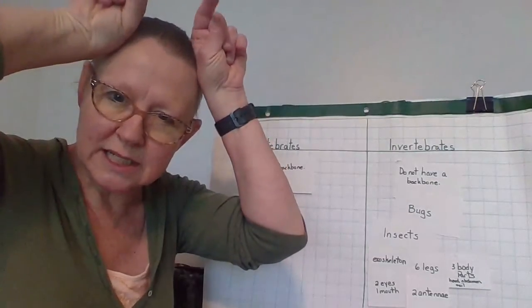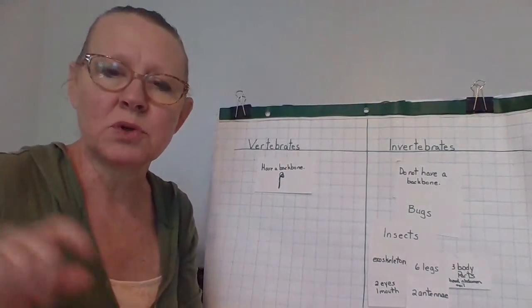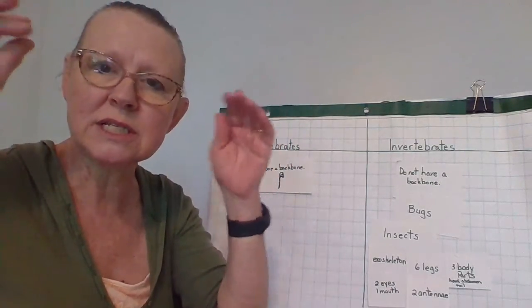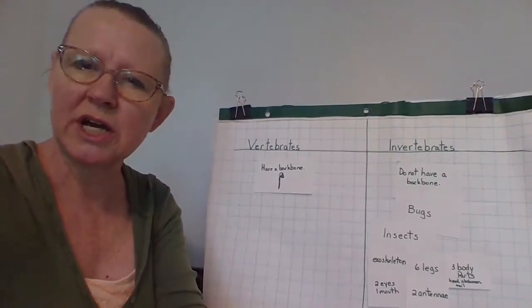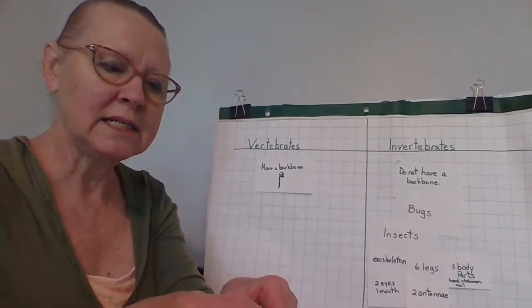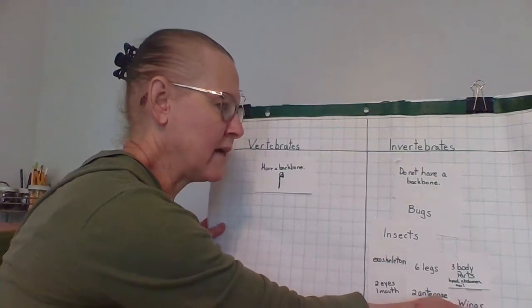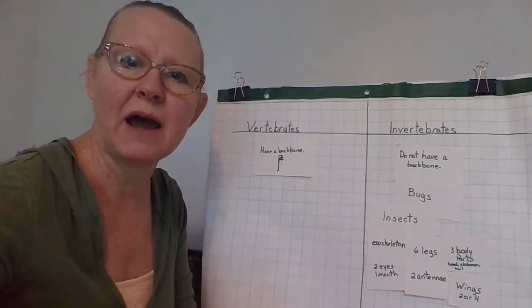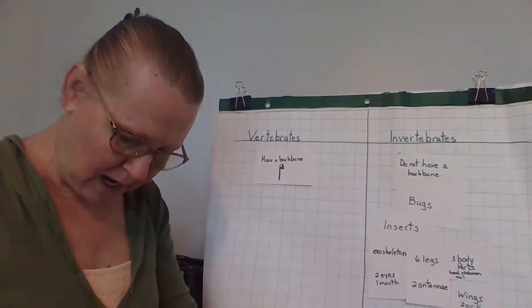They have 2 little antennas, and those antennas help them sense things, sort of like smell, or they can feel vibrations of things coming with them. And so they use those to sort of judge if there's something dangerous around them. And some insects have wings. They have either 2 or 4 wings. Some of them have more, some of them have only 2.